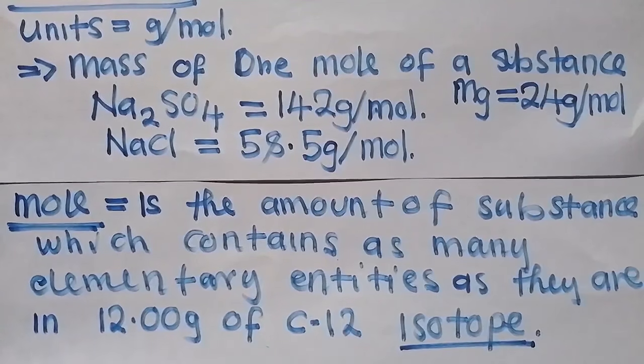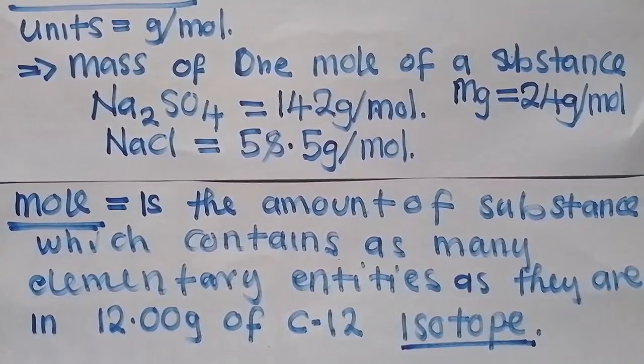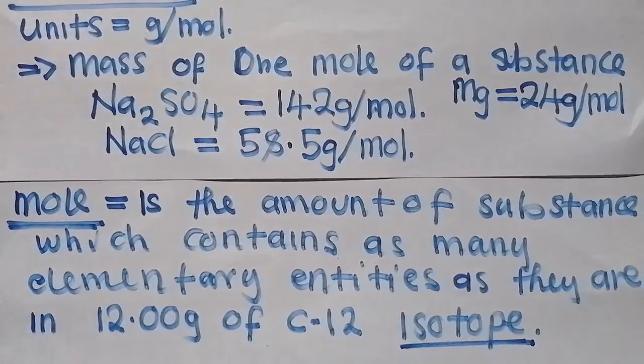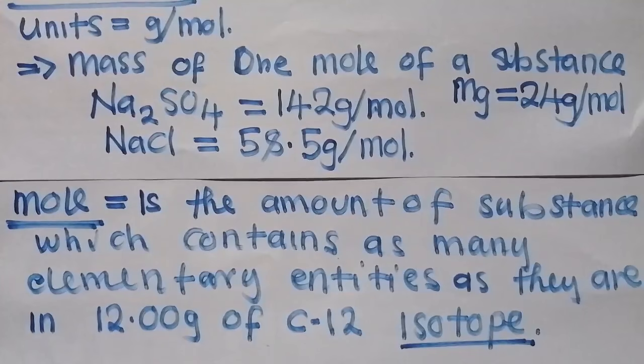I believe we've all done isotopes. An isotope is an element of the same atom which contains the same number of protons but different mass number. So we are talking about the same atom having same proton number but different mass number. This is what an isotope is.